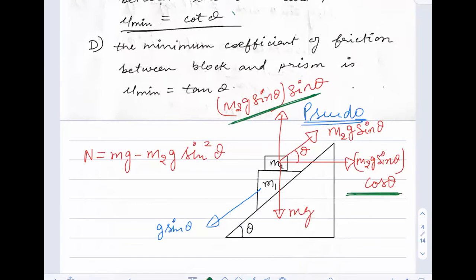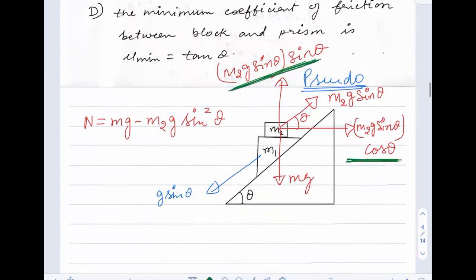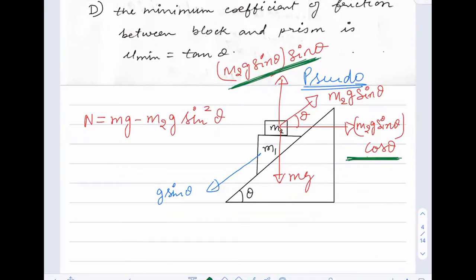If m2 is slipping on m1, which force is responsible? Is it the vertical component of the pseudo force or the horizontal component of the pseudo force? Horizontal component, correct.